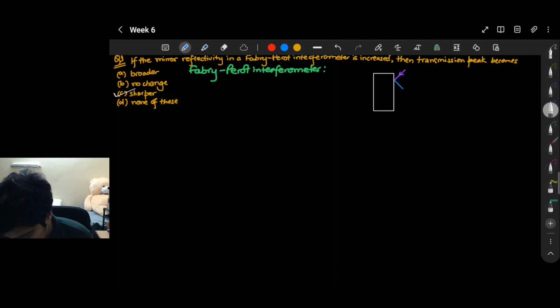So part of it gets reflected and part of it gets transmitted. Let me use a different color for the transmitted beam. So that's the transmitted beam. Again, at this second interface, part of it will get transmitted out and part of it will get reflected back again.